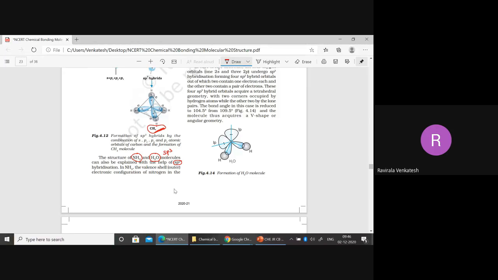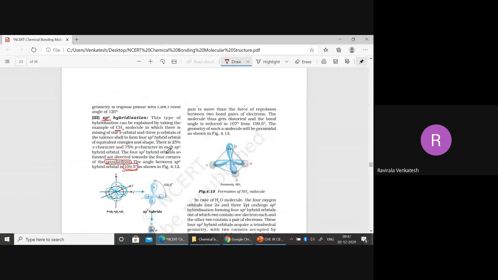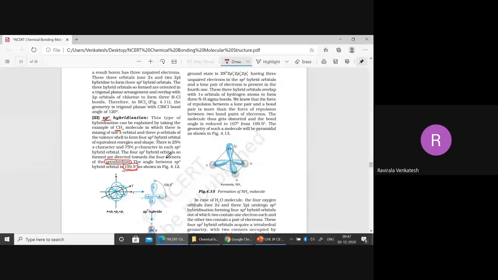But if you observe their bond angles, they decreased: ammonia is 107, water is 104. And the shape is also not tetrahedral; it is pyramidal for ammonia, and water is angular. That is because of lone pairs. Because the lone pairs are present, repulsions are generated here.